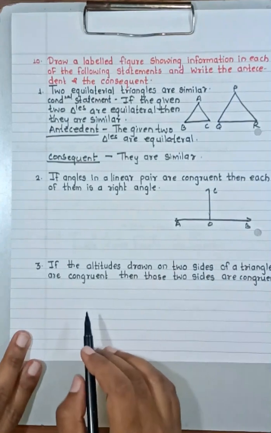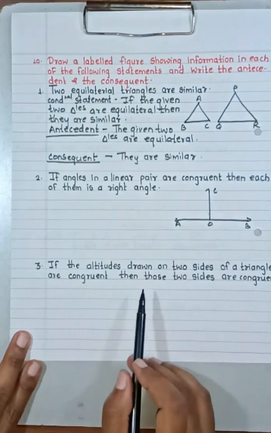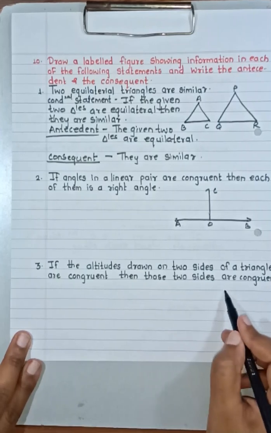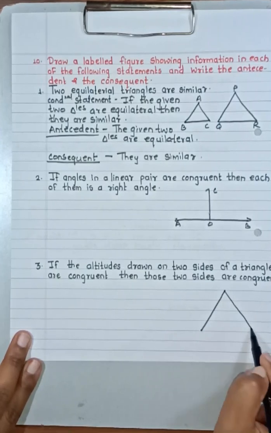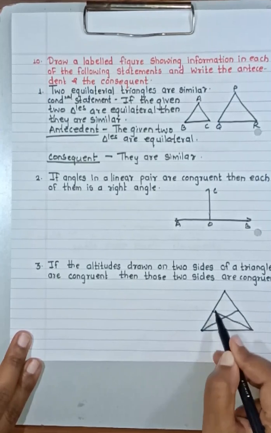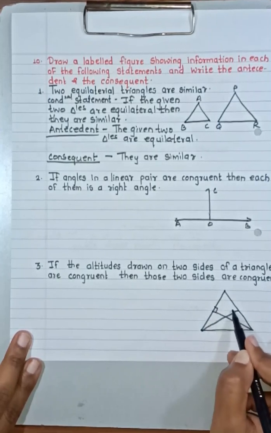In third one, same you have to do. You have to draw the altitudes on the sides of the triangle. Now suppose this is the triangle and you have to draw the altitudes. This is the altitude of the triangle.